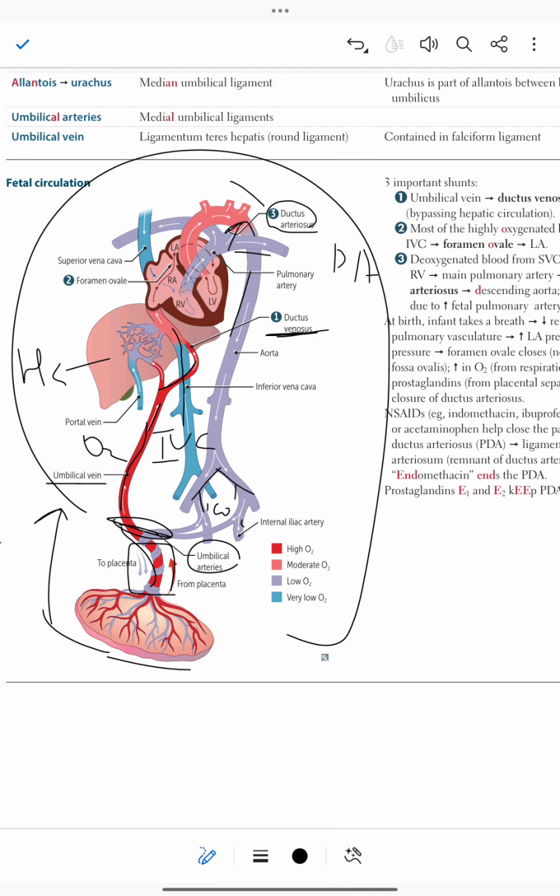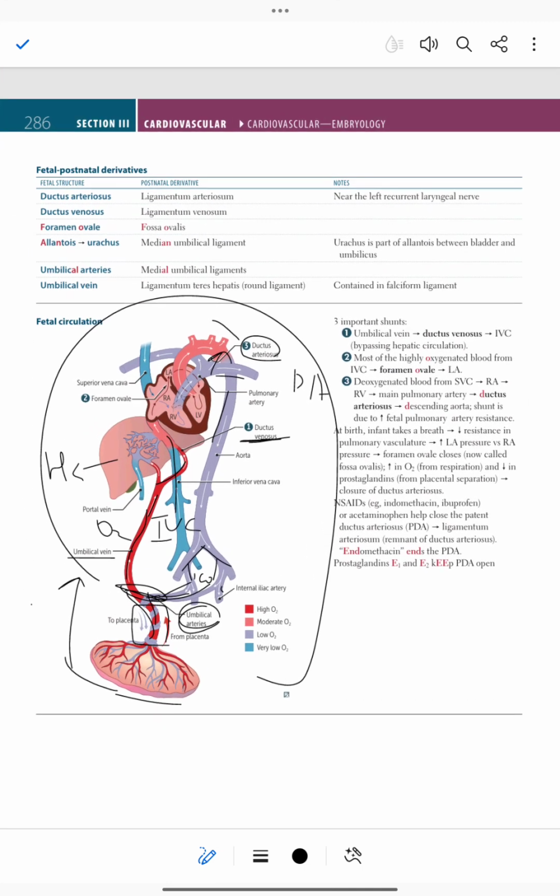From internal iliac arteries, the branch gives rise to branches. This is the name of the branch: umbilical artery. Umbilical artery goes to the umbilicus, then enters the umbilical cord. Within the umbilical arteries, blood content is venous, deoxygenated, goes to the placenta.